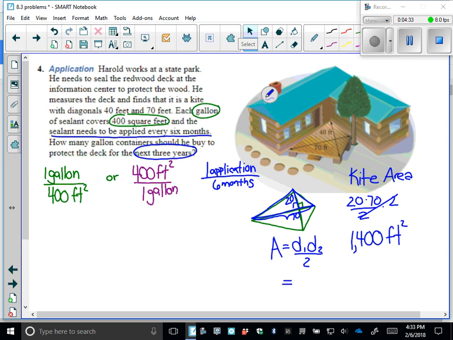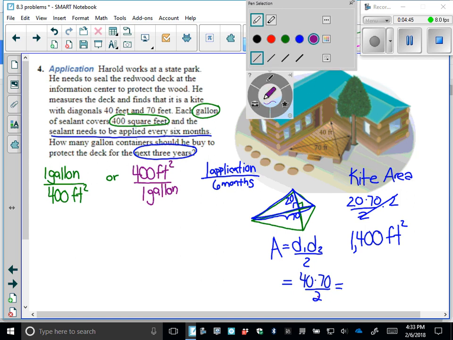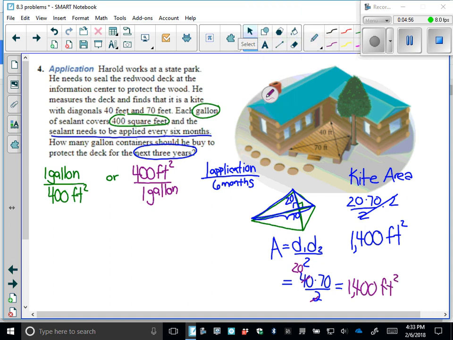So that would be 40 times 70 divided by 2, and that's the exact same thing. It just looks different. 2 goes into 40 20 times, so we still get 1,400 feet squared.